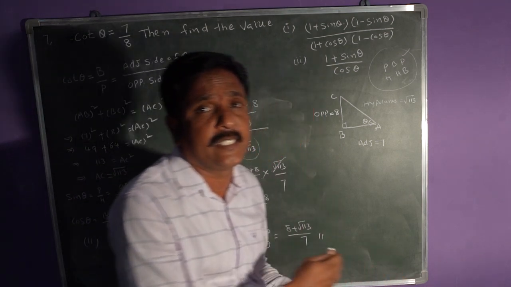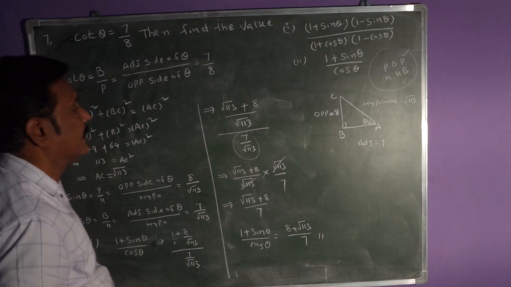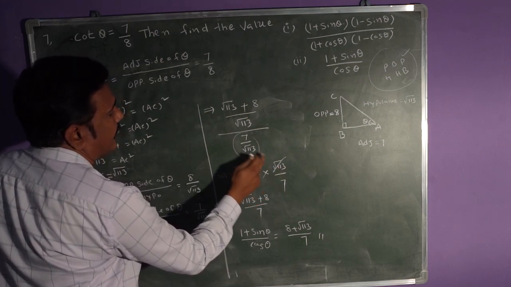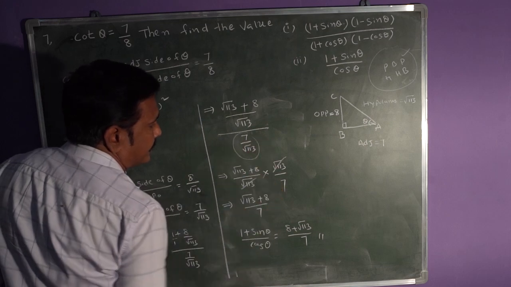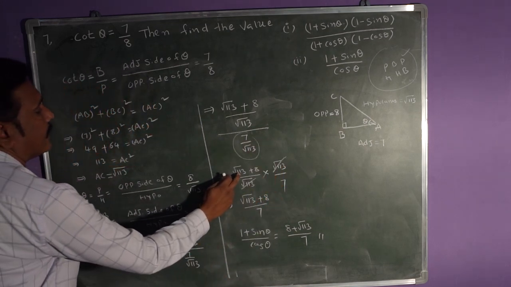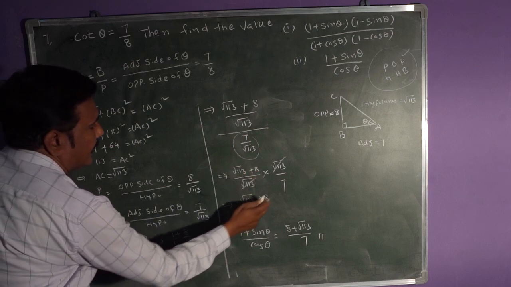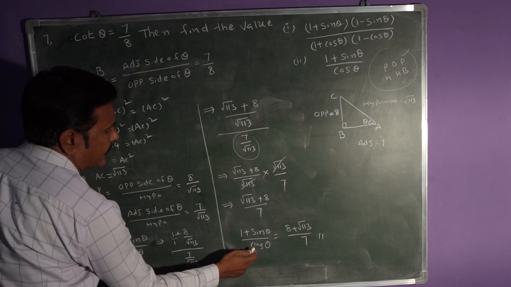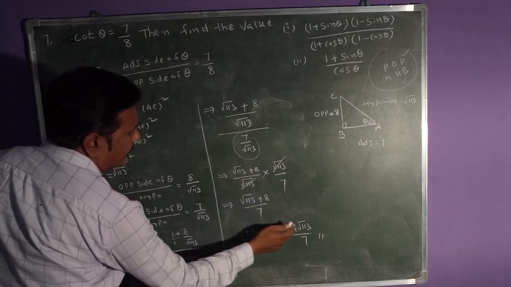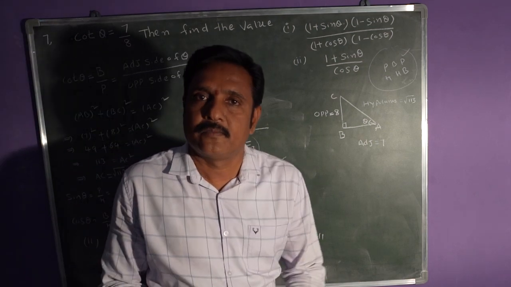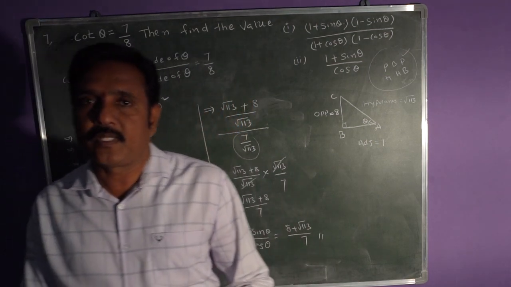Change the numerator to denominator and the denominator to numerator. That's why root 113 goes to the upper side and 7 goes to the downside. Then cancel root 113. Then root 113 plus 8 by 7. Then 1 plus sin theta by cos theta is equal to root 113 plus 8 by 7. Okay, is it fine? Is it clear? Okay. I will go to the next problem.